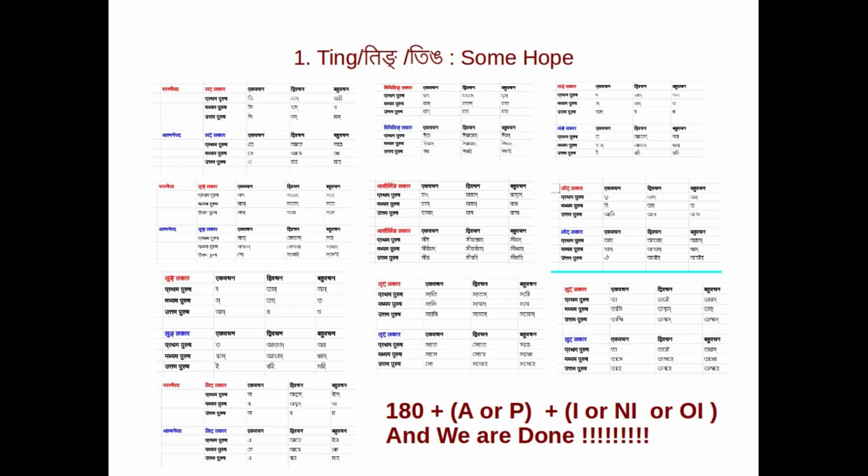Apart from this chart, we also have to know whether a dhatu is atmanepadi or parasmaipadi, and also whether the dhatu is set, vet or anit. That means whether idagama would be prescribed or not.